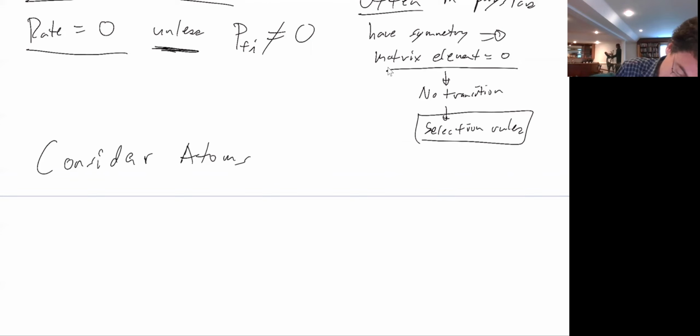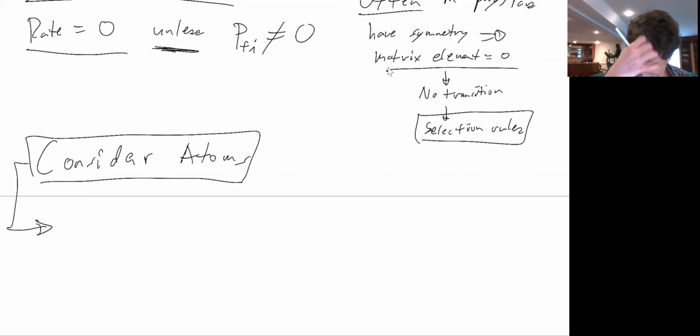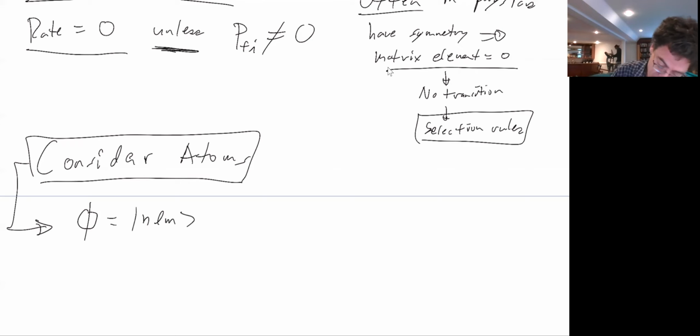For atoms, the states are these atomic orbitals, N, L, M. So for atoms, we'll have some initial state and then some final state.